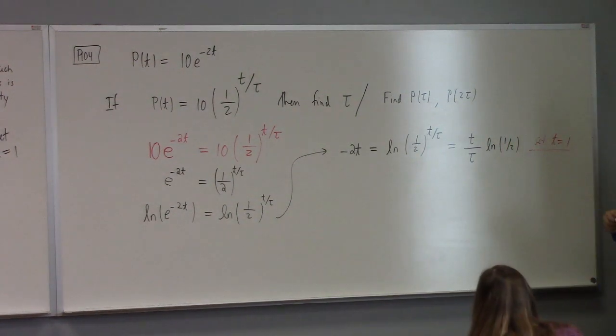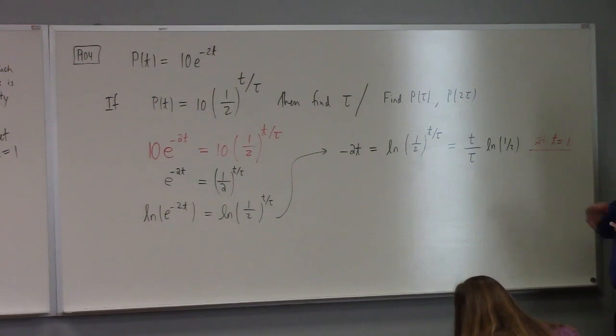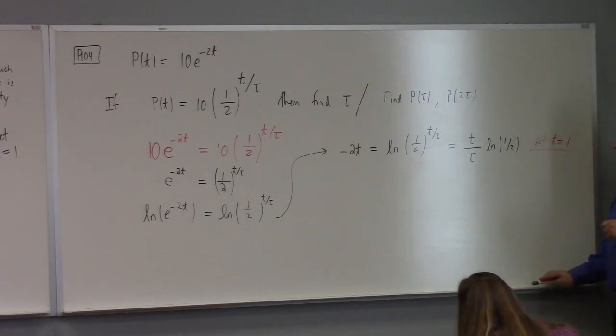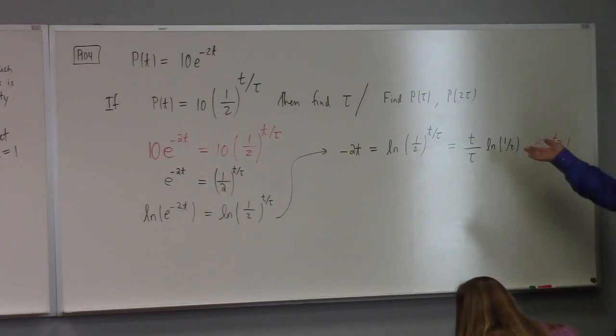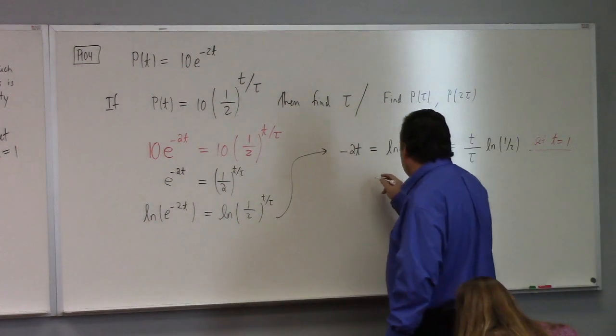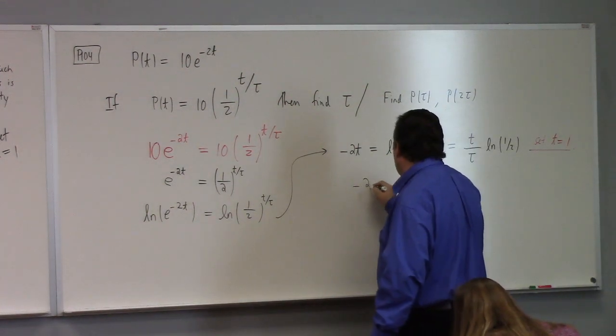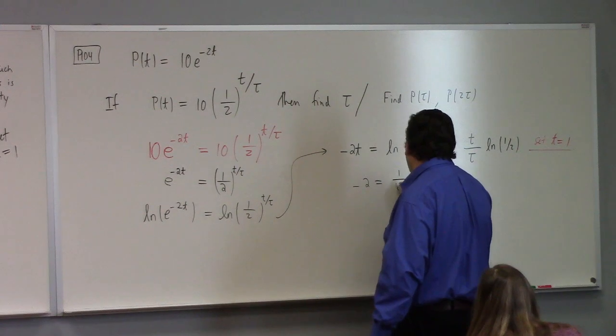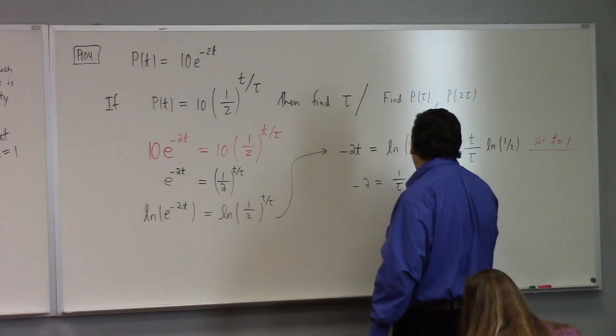That would have been smart. Actually, it would have been much smarter to just put t equal to minus 1 at the start, then we could have solved it faster. But oh well. Anyway, the point is the t's cancel. What do we got? We've got minus 2 is equal to 1 over tau, natural log of 1/2.